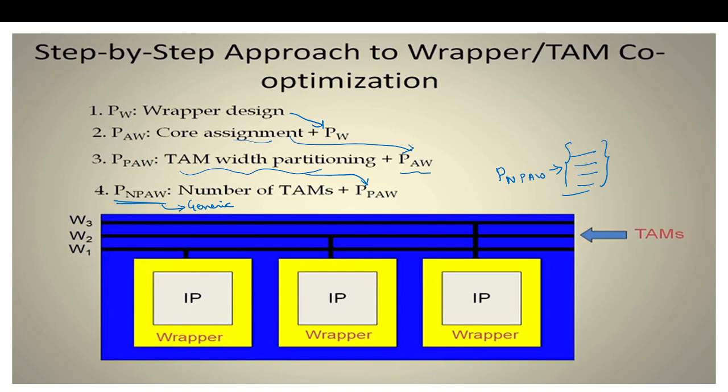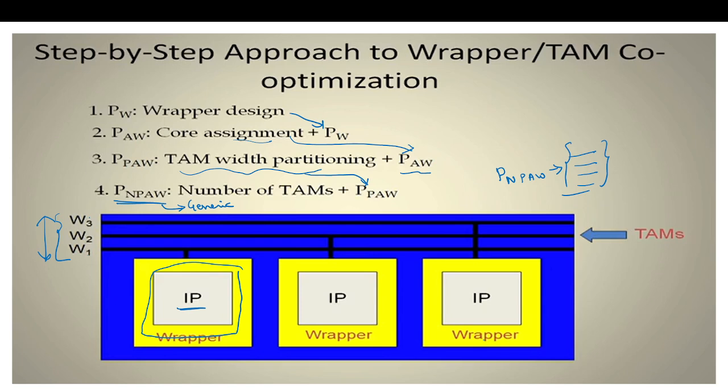Now, what is the TAM width? This is the TAM width. So, say 1, 2, 3. 3 is the width of the TAM, and these are the 3 wrapper, and this is the wrapper surrounding the IP core which we want to test. I hope the layers are clear.